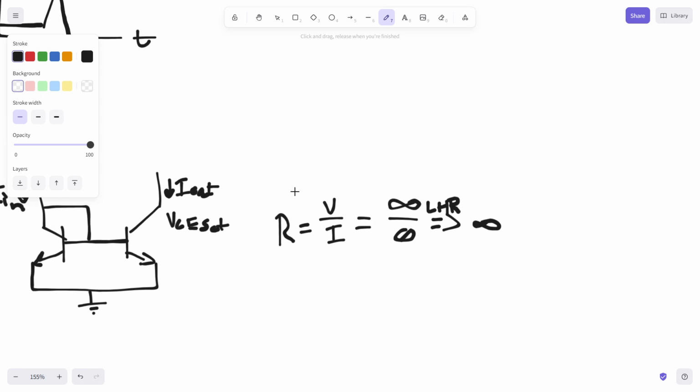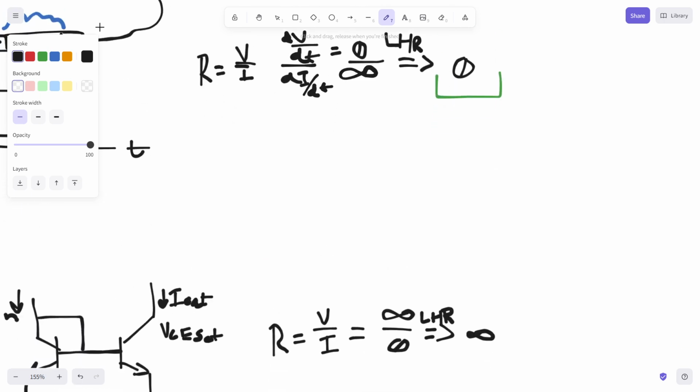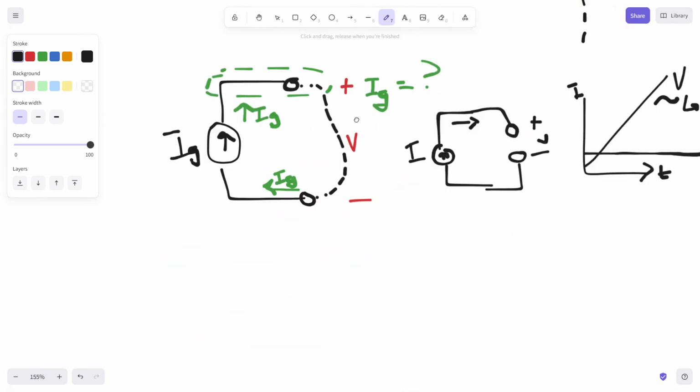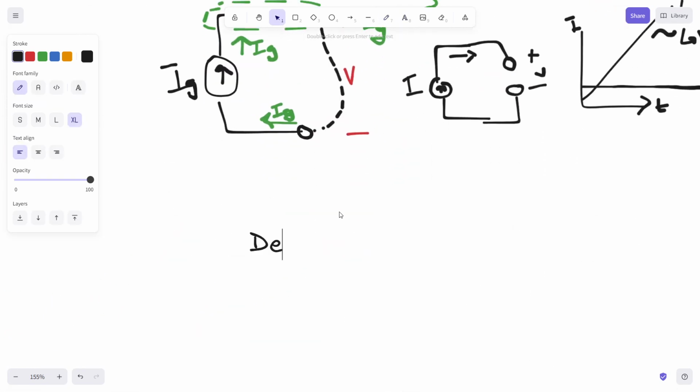So the difference between these two sources is going to be their resistance. It's going to be their properties around voltage and current. But, you know, we talked about voltage and current. We've talked about independent sources. We have yet to talk about dependent sources.